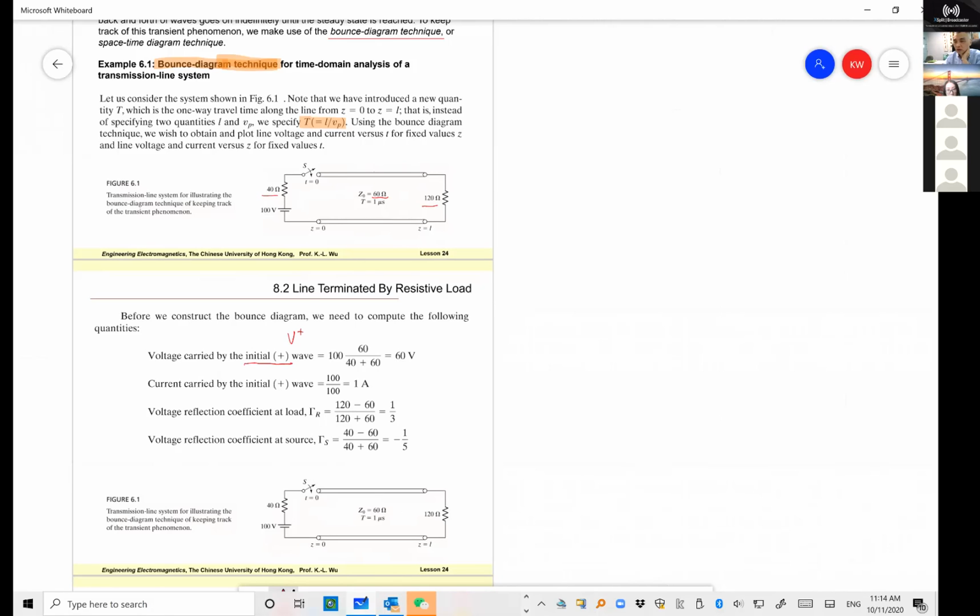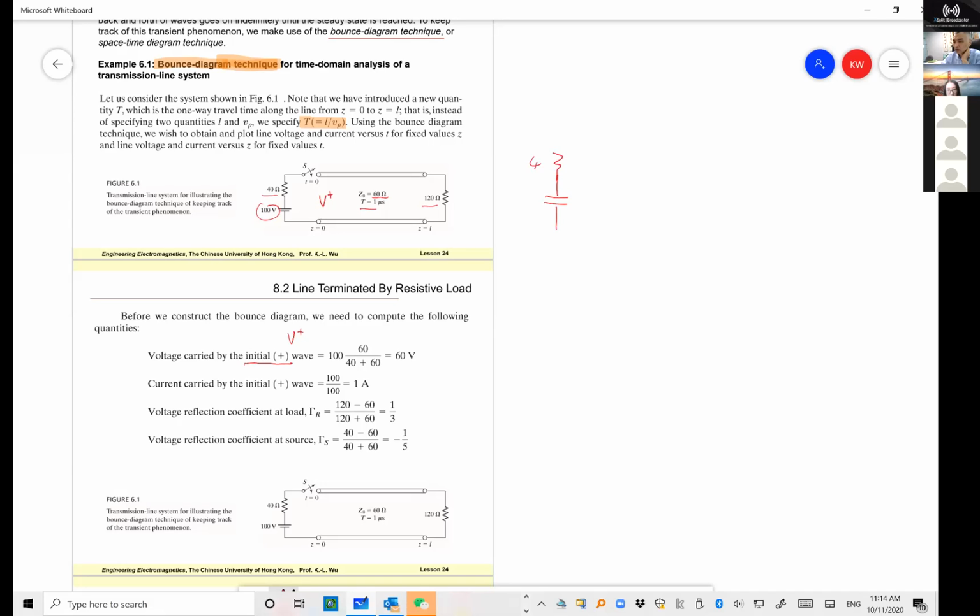The one-way duration is 1 microsecond. At the initial time, the switch is turned on instantly, so the voltage is given by the voltage divider of the total voltage.